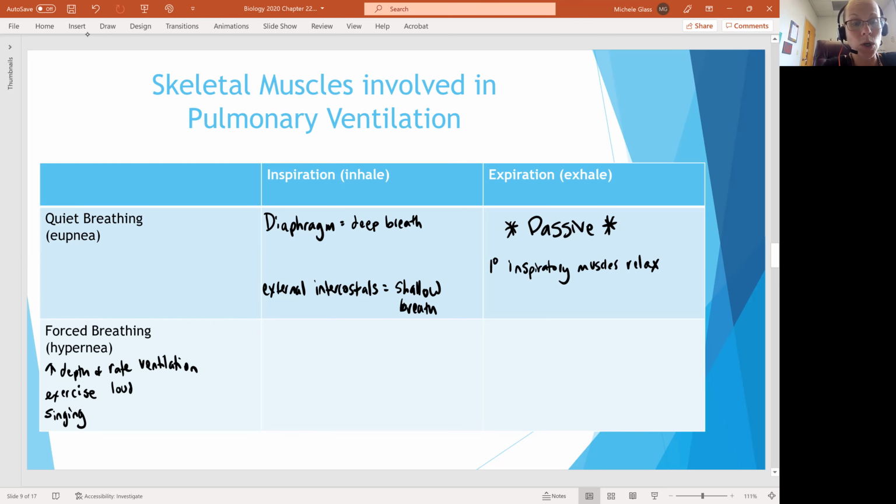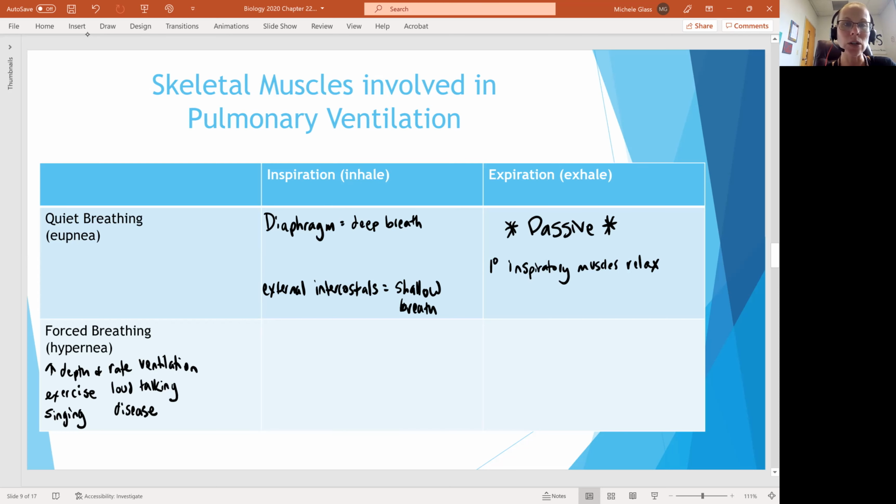I'm going to say loud talking, right? So you're projecting a lot. You need a little bit more air for that. You might see this as a symptom of disease if you're having trouble getting the air moving in and out of the body at the quiet breathing. This could also be like thoughts of activity or thoughts of stress can trigger this also.